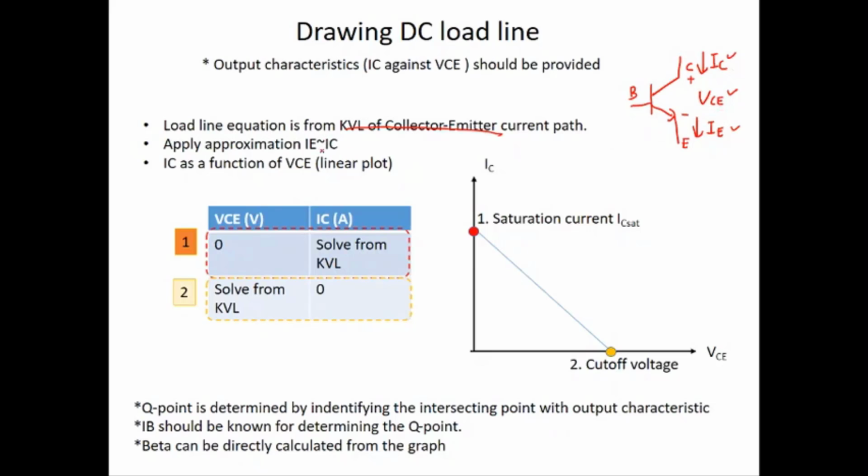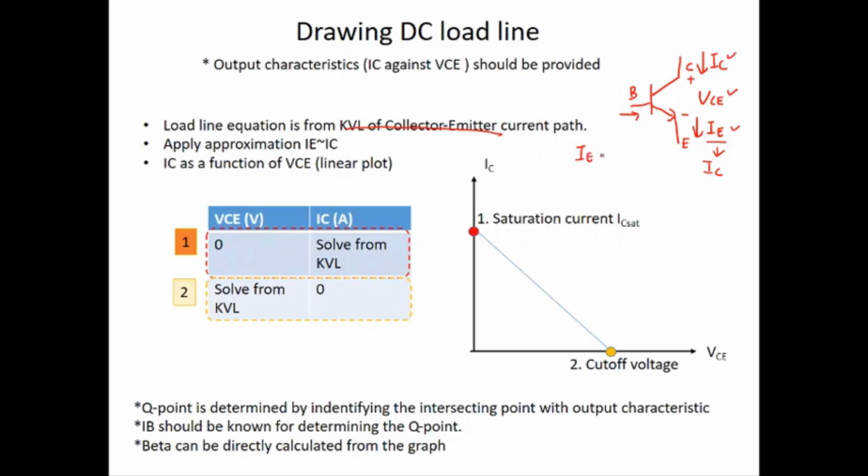Now we need to apply an approximation that IE is equal to IC. Why can we do this? Because the base current is very small.